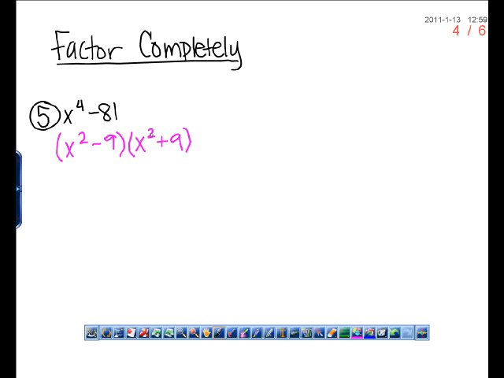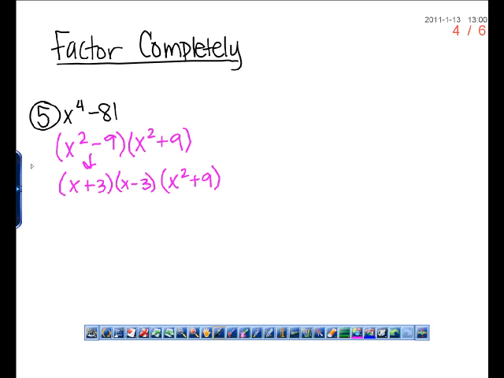Do we stop here? No, we can go another step. What else factors? So this will be x plus 3, x minus 3. And then we have x squared plus 9. Okay. So this is factored completely over the rational, real numbers.